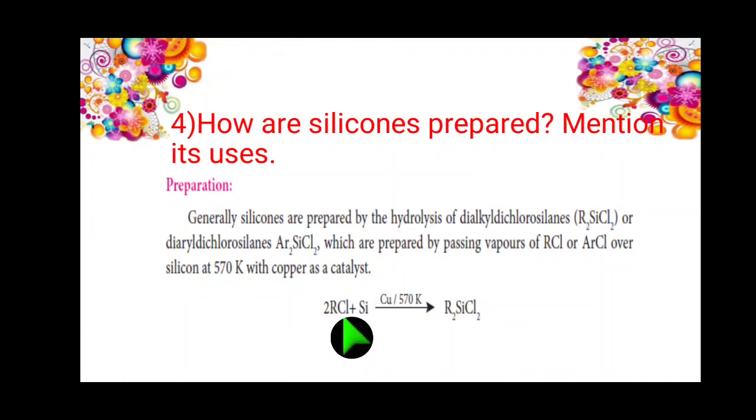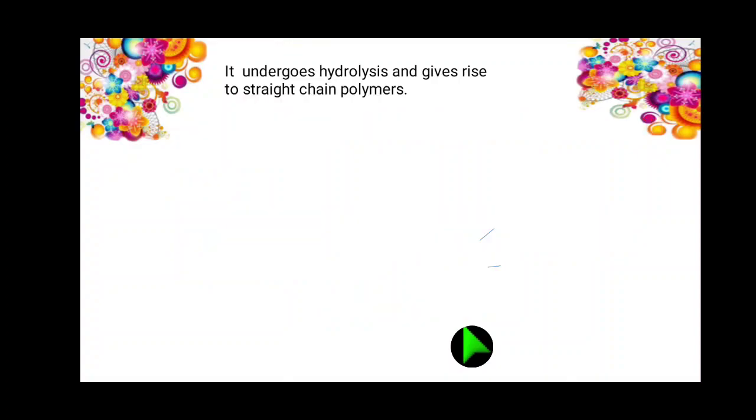So the reactant side, any alkyl halide, alkyl chloride, right? RCl reacts with silicon in the presence of copper at 570 Kelvin, it gives dialkyl dichlorosilane. The dialkyl dichlorosilane undergoes hydrolysis and gives rise to straight chain polymer.